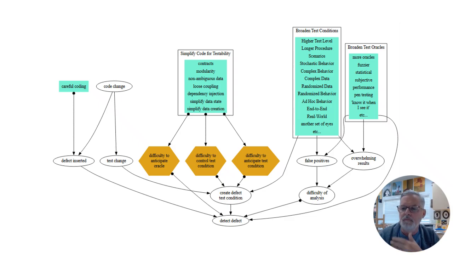And that likewise increases our ability to detect a defect because we're looking at it with more comparisons against a variety of things. It has the same cost impact as broadening the test conditions. We're much, much more likely to hit false positives, where the oracle that we're using says, oh, no problem, if we take it strictly.